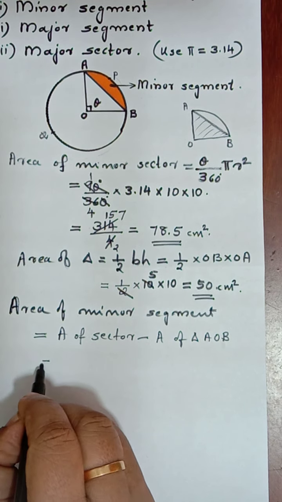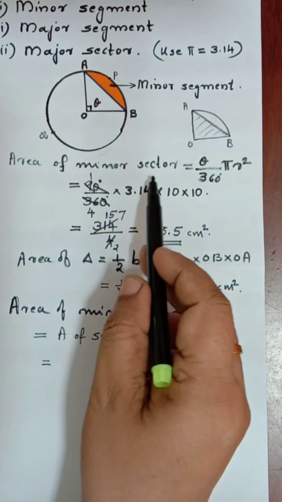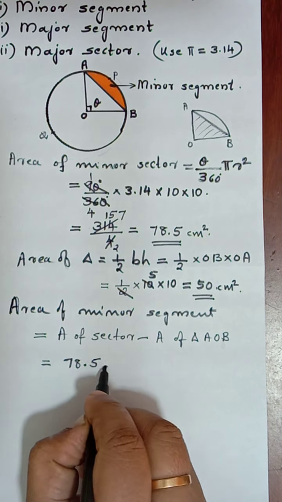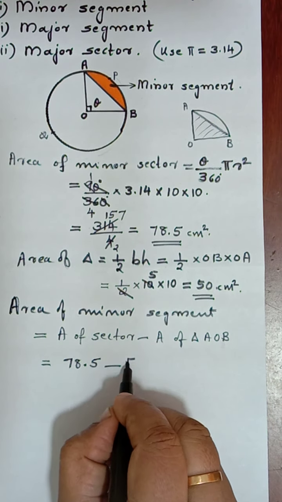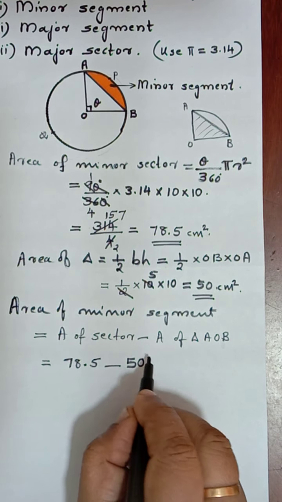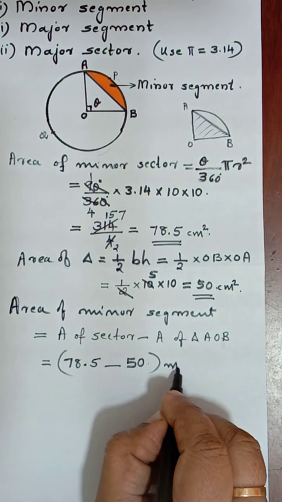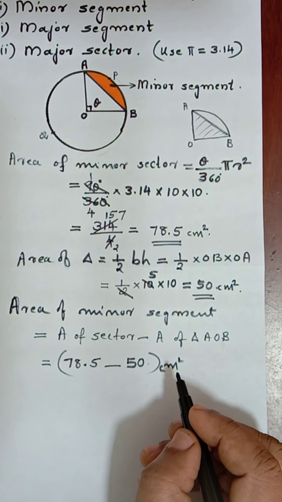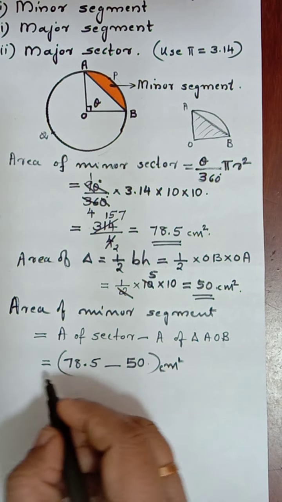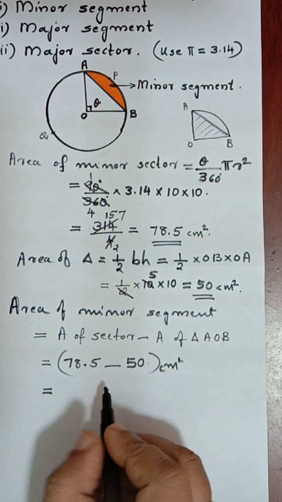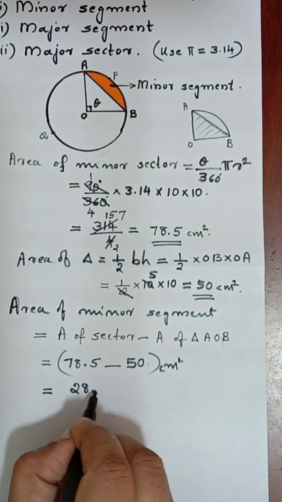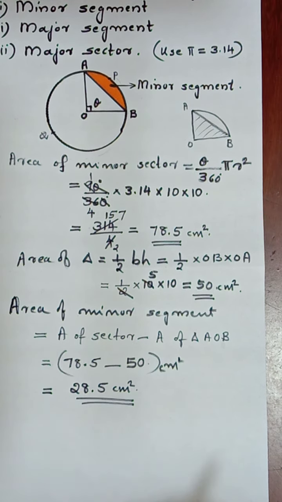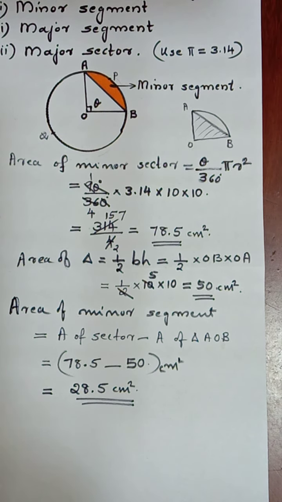Already we have found out, just a substitution only. Minor sector is 78.5 cm square minus area of triangle is 50. So what is that when we subtract 78.5 minus 50? Isn't it 28.5 cm square? That is the area of the minor segment.